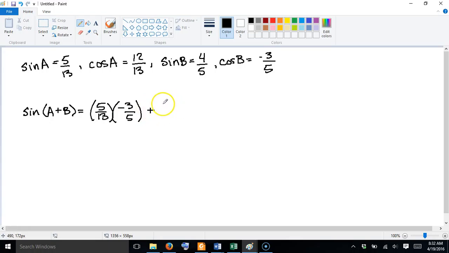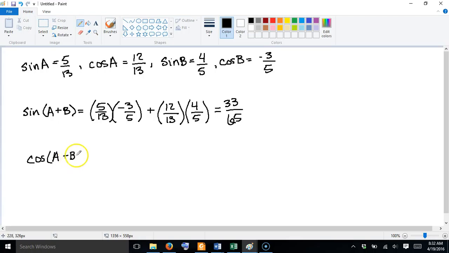Add it to, the next part is cosine A, so 12/13, times sine of B, which is 4/5. Multiply these things together and then add them, and what we get is 33/65.